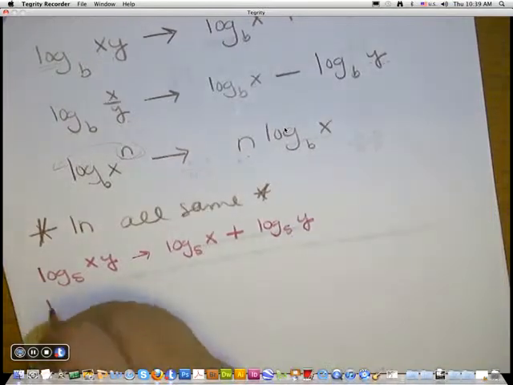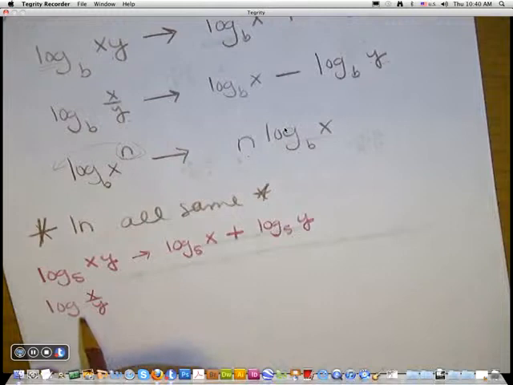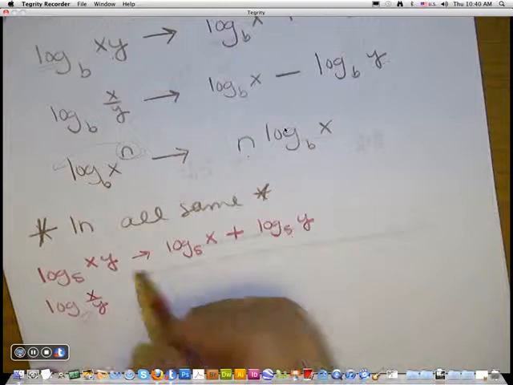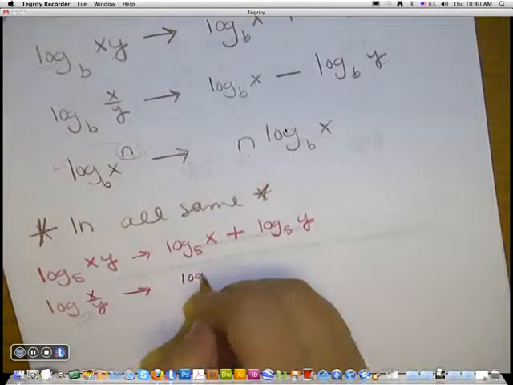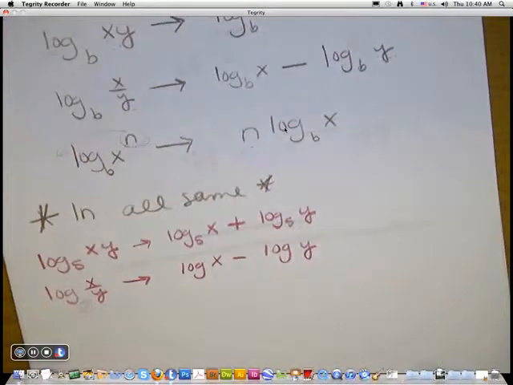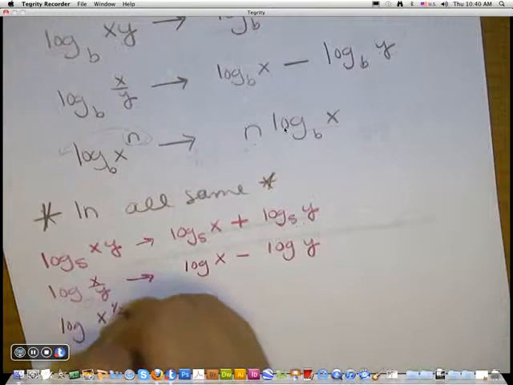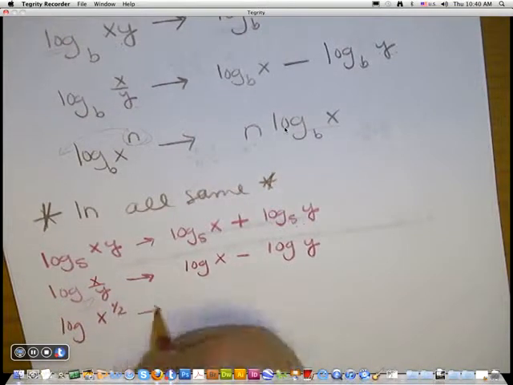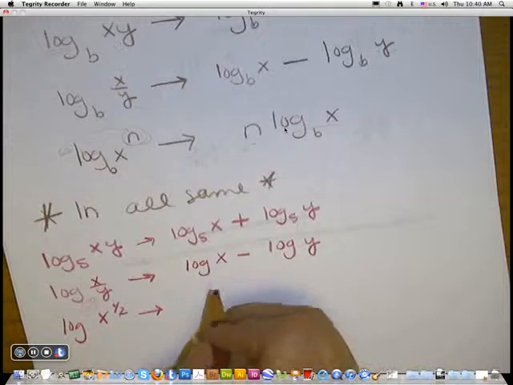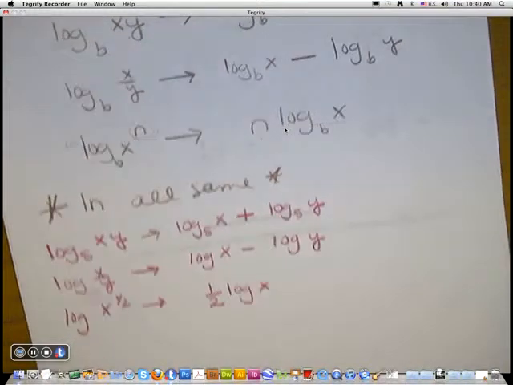All right. If I have log x over y, if you don't see a number down here, its base is considered to be 10. But when we expand it out, we still don't need to write it. It is still assumed to be 10. All exponents, doesn't matter, positive, negative, or anything in between, whole numbers, fractions, go out front as a coefficient of the log.